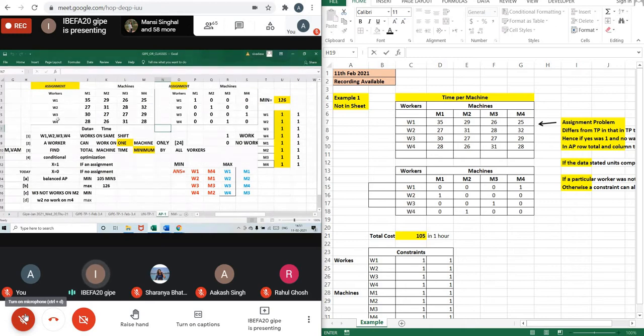Suppose worker 3 is not to be assigned to M4. Then what shall I do? Decrease the number of units produced, that is, give this a negative number.